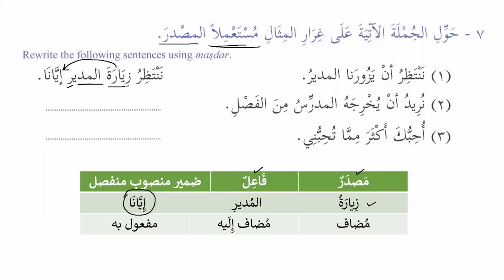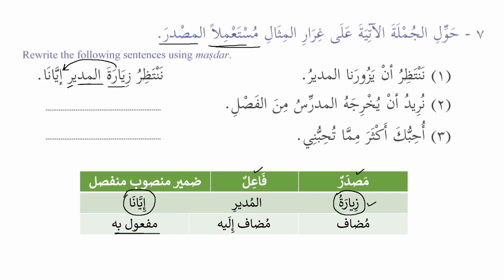So now we know that the masdar can also function as amil, and it can have its own object, and it can use it as maf'ul bihi. So here ziyaratu is masdar, al-mudir is fa'il, and iyyana is maf'ul bihi, as we can see over here.